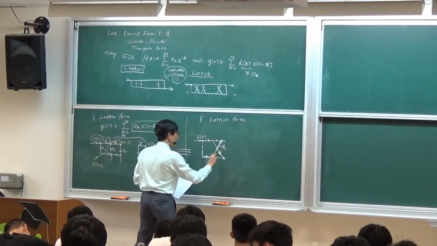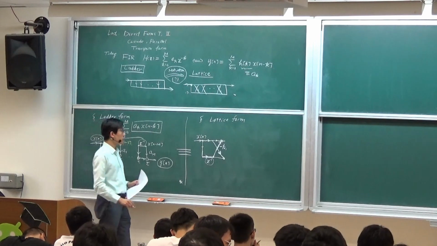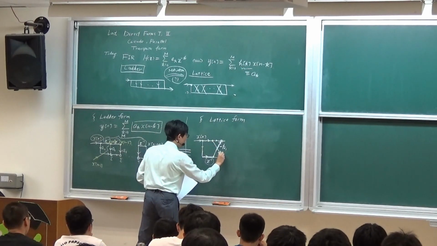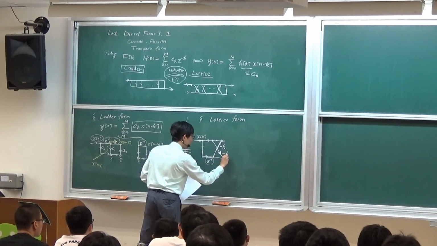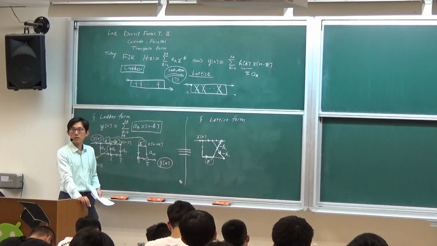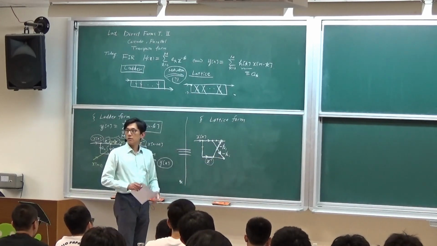Let me write it down as minus k sub 1, k1, okay? Minus k1. And also the same thing from top to bottom, this is also minus k1. Is that okay so far? That's just a definition. And note that this is the same number, minus k1, same thing, minus k1.